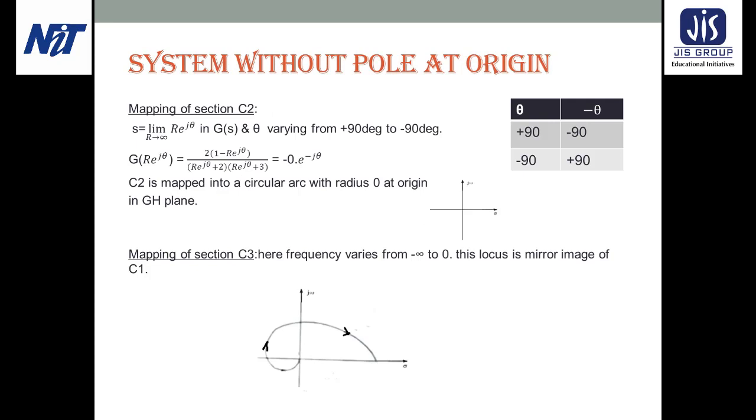So for the mapping of section 3, as omega is varying from minus infinity to 0, the locus is just the mirror image of section C1. So this is the mirror image of section C1, and this is the mapping of C3 in the GH plane.